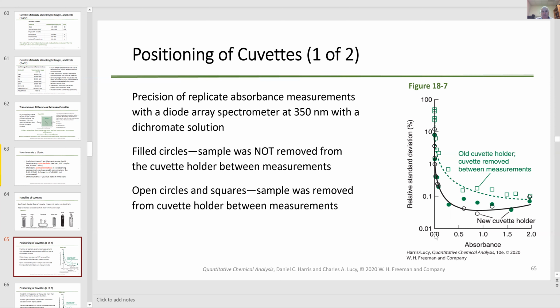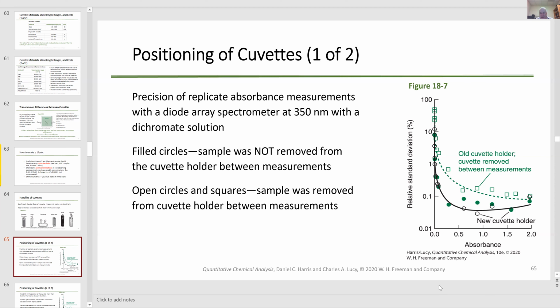Now I would argue that it's definitely possible to get larger than 100% standard deviation when the concentration is really zero, or when the absorbance is really zero. Because if it actually is zero, then any value other than zero will give you an infinite change, because it's one minus the other over zero, times 100.